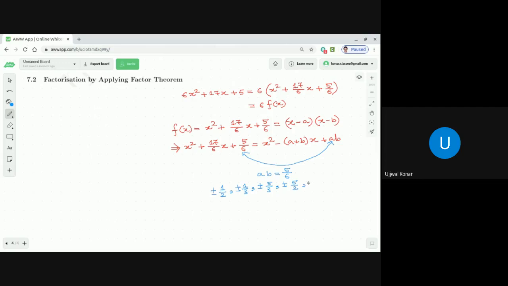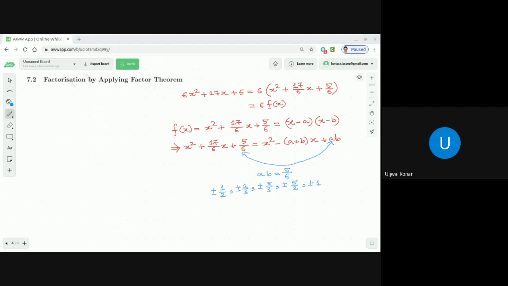These are the different factors possible, dear students. So what I wanted to mean is that you can take a proper choice of values of a and b from all these numbers, plus minus 1 by 2, plus minus 1 by 3, plus minus 5 by 3, plus minus 5 by 2, and plus minus 1, so that you get a into b equal to 5 by 6.